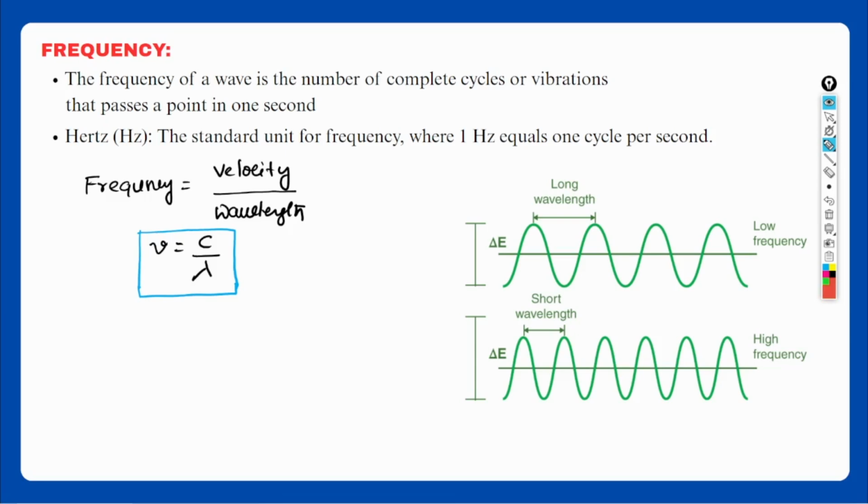Now the units of frequency, a very important point. The unit of frequency is cycle per second, or hertz.